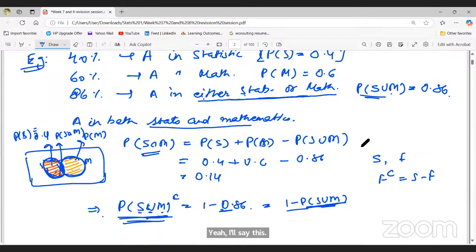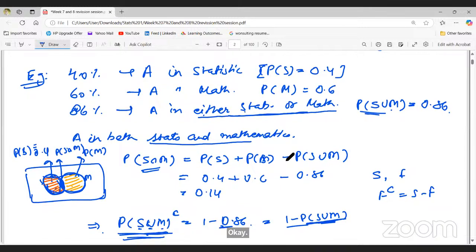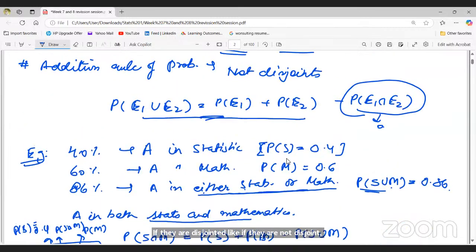Quick question: are these formulas applicable only for independent events? No, these are not for independent events. Independence and disjointness are different things. If they are not disjoint, we have this formula. If they are disjoint, then we have the third axiom.